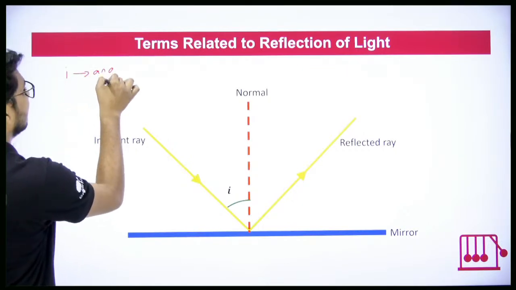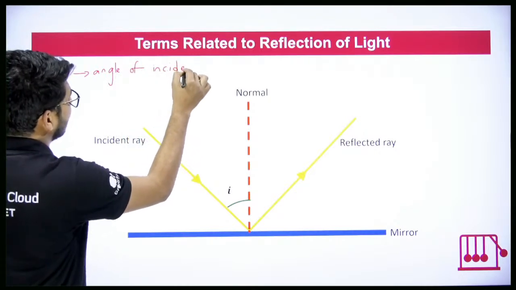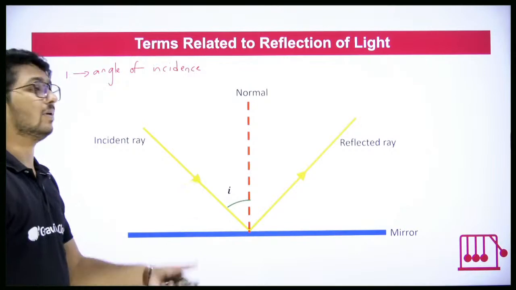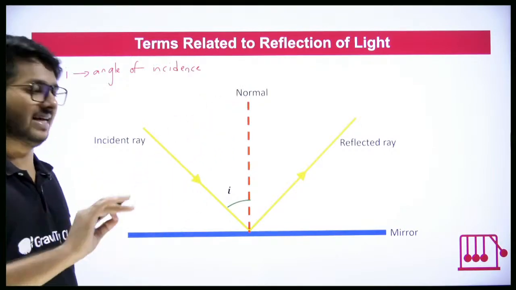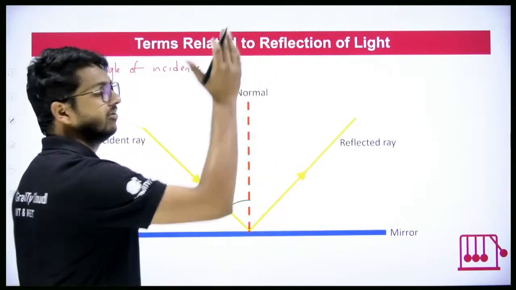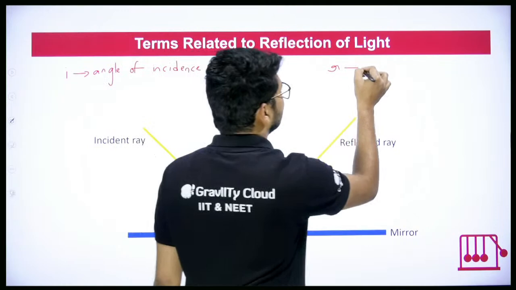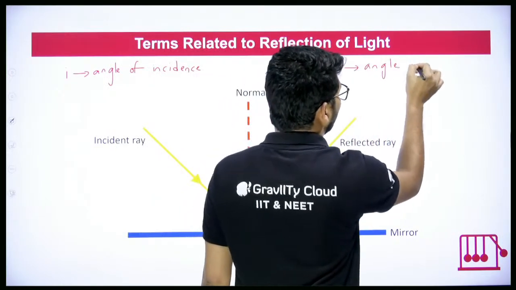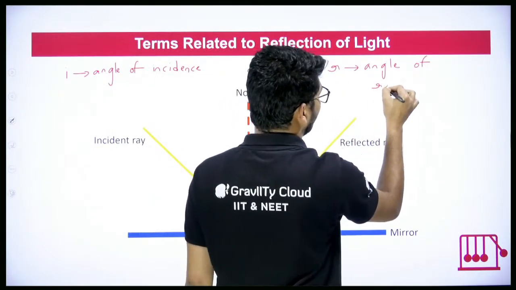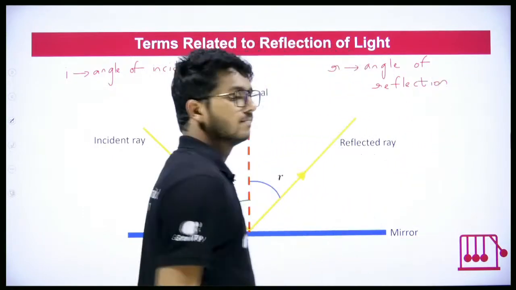I is angle of incidence. Look at that carefully. It is the angle between normal and incident ray. That's it. No other definition. Similarly, we have the reflected ray. And what is this angle? It is angle of reflection. Got it? Good.